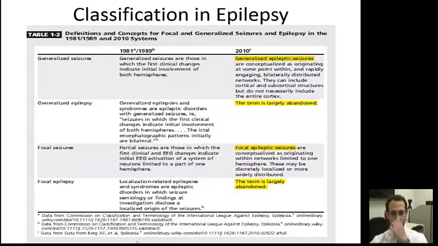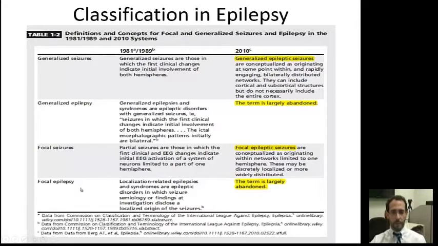For focal seizures, I think it's important to mention that they used to be called partial seizures. Everybody calls them partial seizures, and simple or complex partial seizures. Those concepts have been dropped for now, and they're pretty much calling this a focal epileptic seizure, which is conceptualized as originating within networks limited to one hemisphere, and this may be discretely localized or more widely distributed.